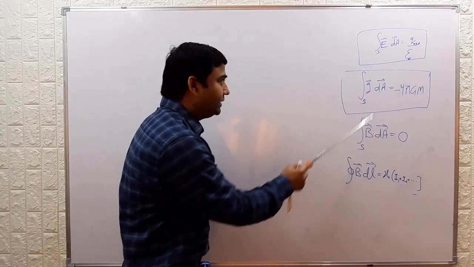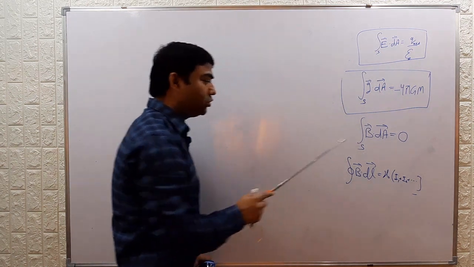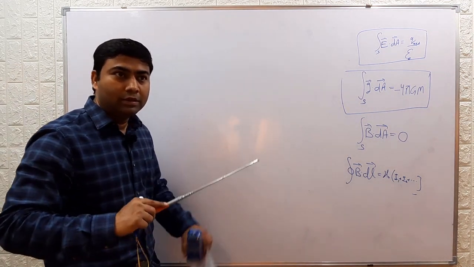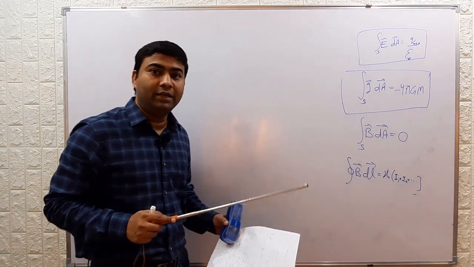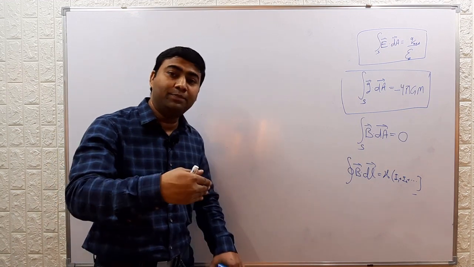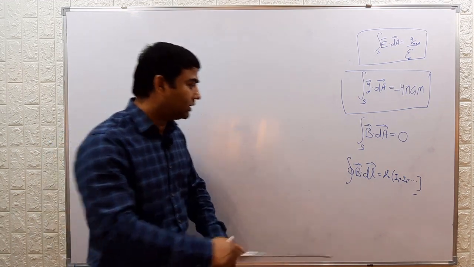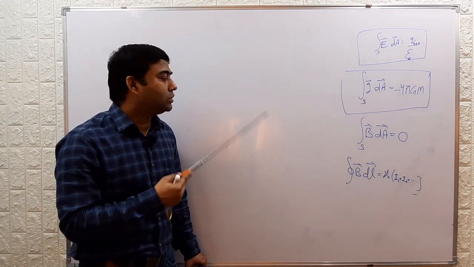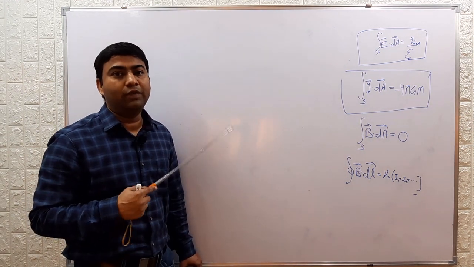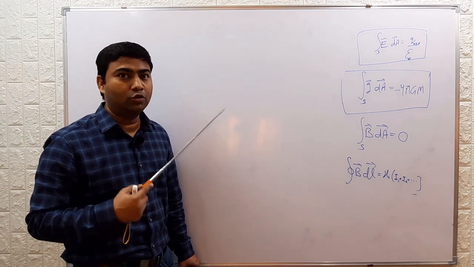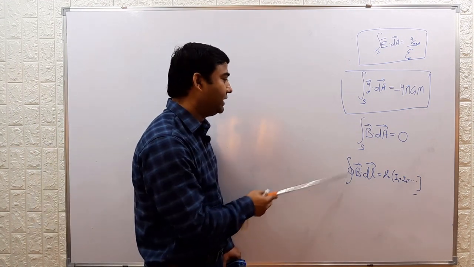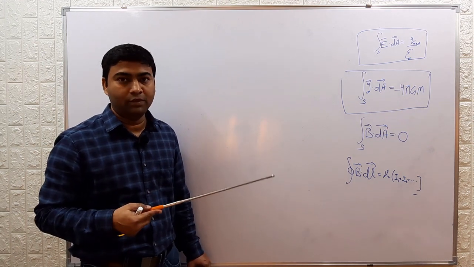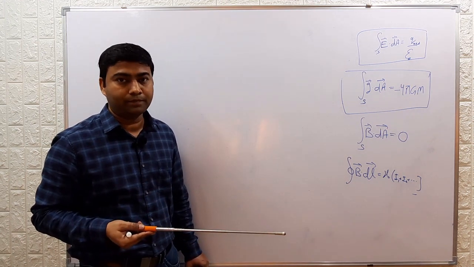So we have to choose the Gaussian surface and the Amperian curve skillfully, intelligently, so that the dot product becomes easy and you need not carry out actual integration. Only then will the Gauss law simplify the problem. Otherwise, if you are actually carrying out integration, there is no meaning, it is actually complicating the problem.